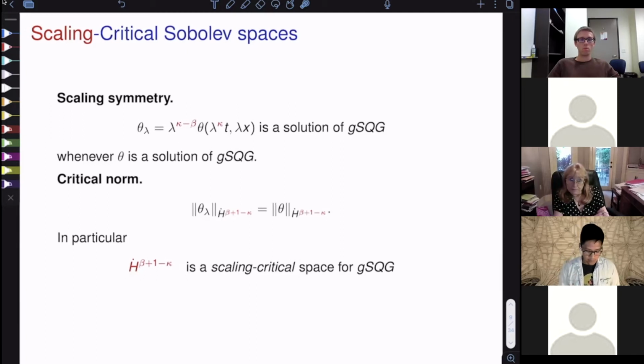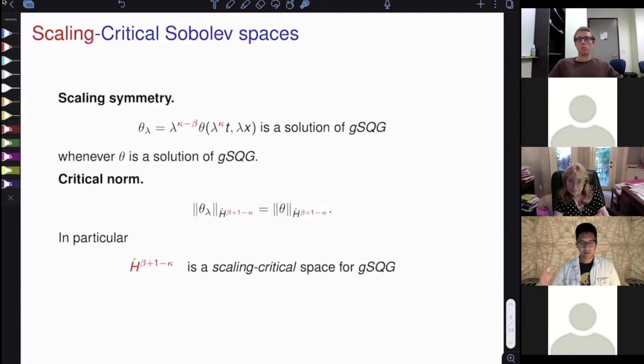But when you work in regularity settings less than this, then what was giving you small data before is now inflating your data and making it large. The regularity where the norm doesn't see the effect of the scaling is critical for that type of strategy, in that it doesn't seem to help. So this is the lowest setting in which you'd expect well-posedness to hold.